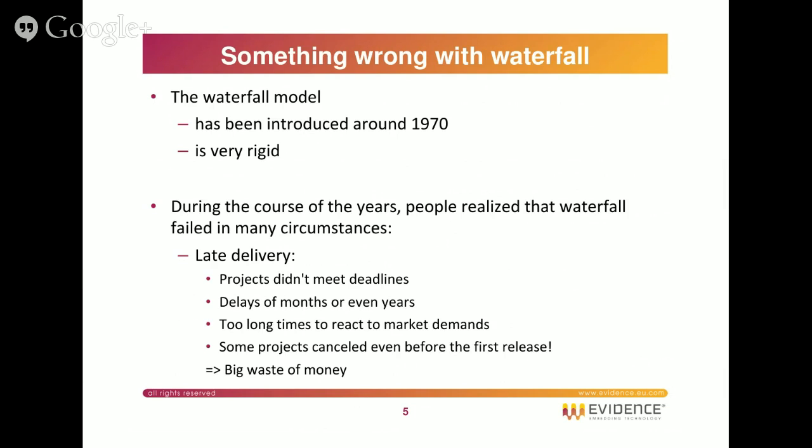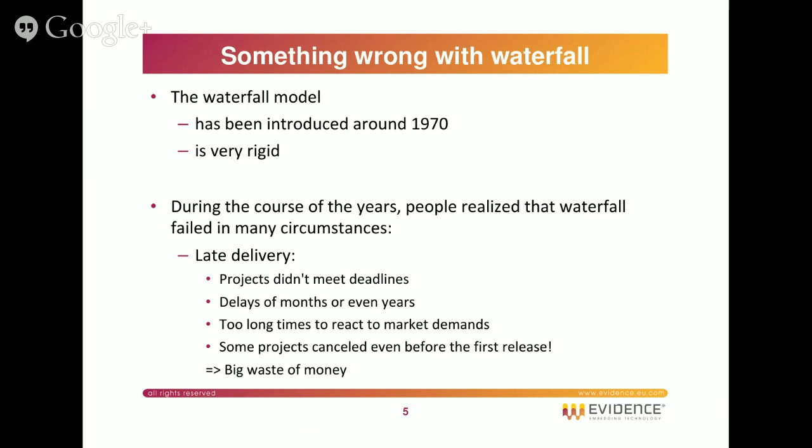So waterfall is very old, introduced around the 70s, and it's very rigid. And actually, this fact that waterfall is not good is not just something that comes from academics. It's something that comes from reality, because at some point in the 80s, people started to realize that the percentage of software projects that were not completed in time or were not even completed was astonishingly high.